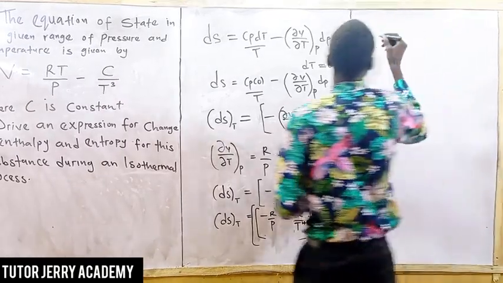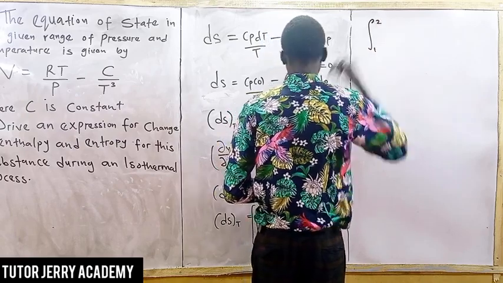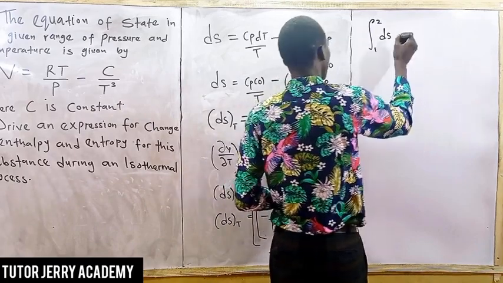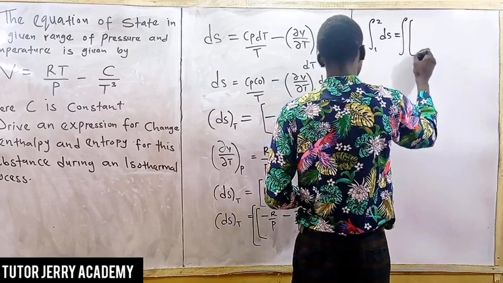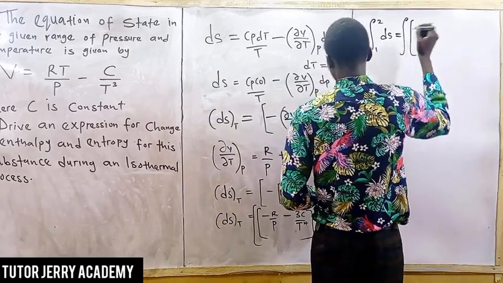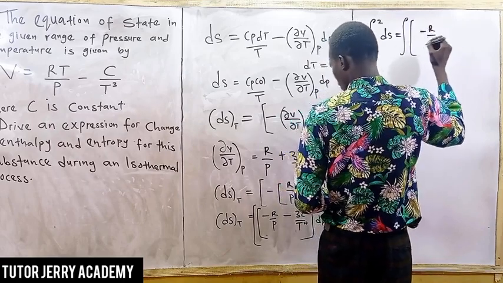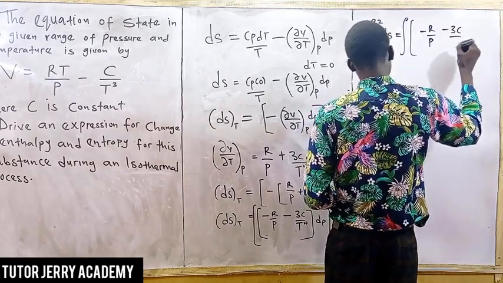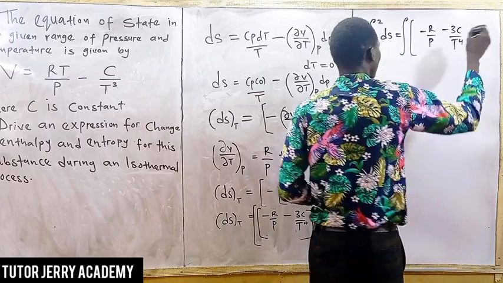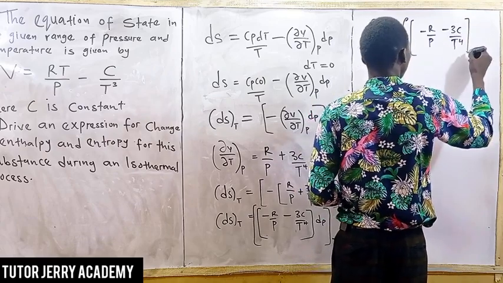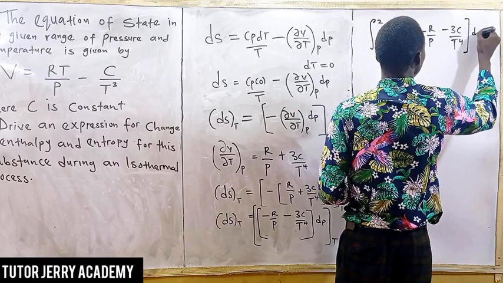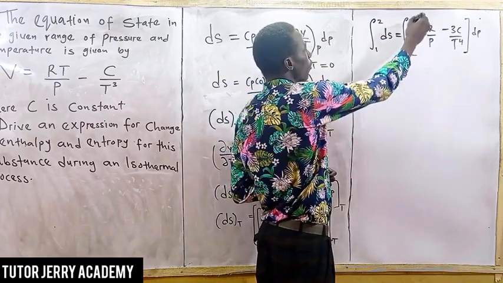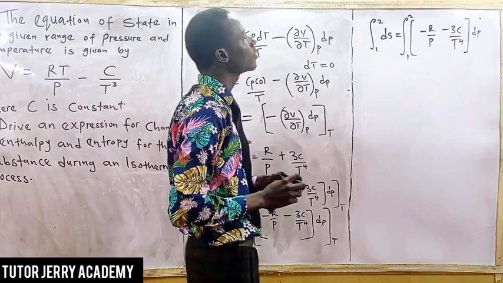So the integral from 1 to 2 of dS will be equal to the integral of the bracket of minus R over P minus 3C over T to the power of 4, dP. This is what we are going to have, integrating this equation from 1 to 2.